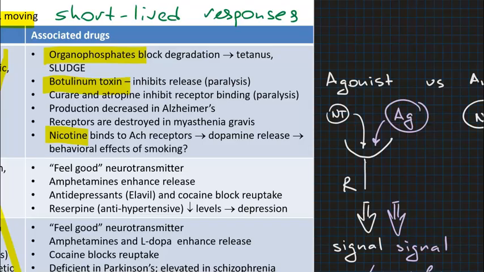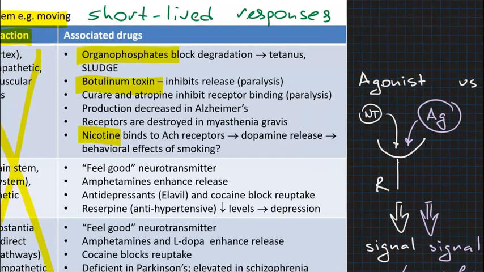Excellent. Because a lot of drugs, whether we're talking about pharmacological interventions or illegal drugs, they act as either agonists or antagonists of certain receptors. Now, why is this important?